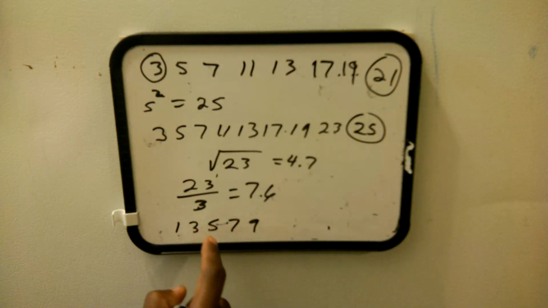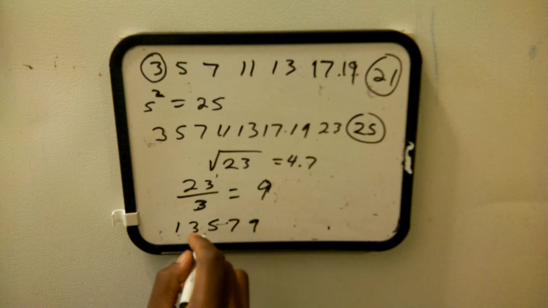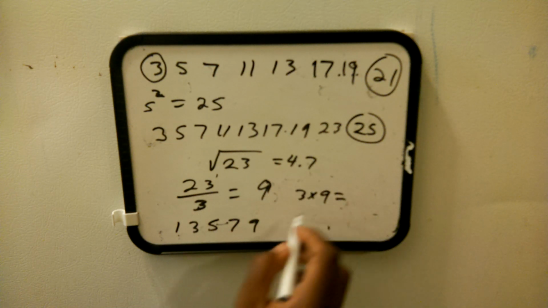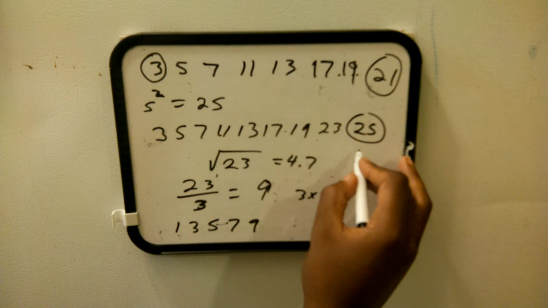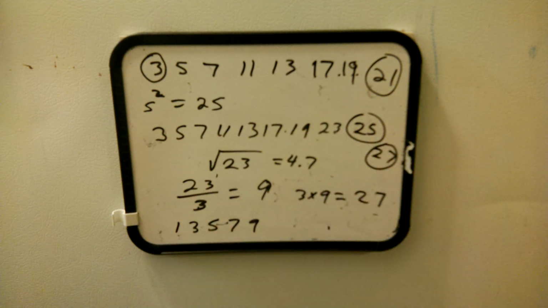So after you do that, you're going to replace this with 9. So 3 times 9 equals 27. So you have 25 and then 27. We know both of those are not prime, so that means we're left with what?